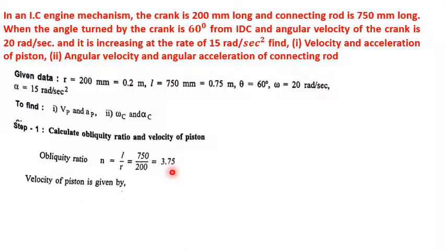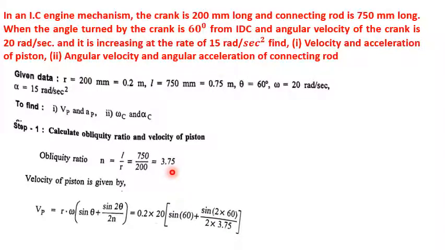Next, to find the velocity of the piston, we know the formula Vp is equals to R into omega into sine theta plus sine 2 theta by 2n. So R is 0.2, omega is 20, theta value is 60, and n value we got 3.75. Substitute all the values in this equation and simplify it. So after simplifying, we got velocity value Vp is equals to 3.925 meter per second.